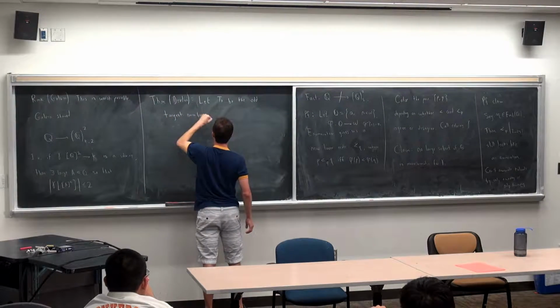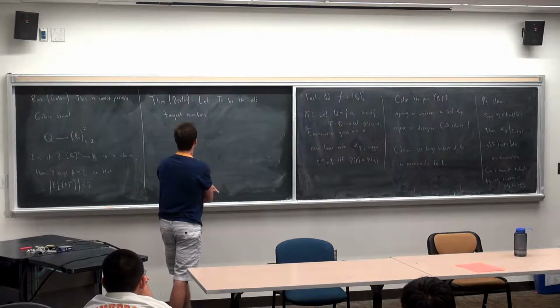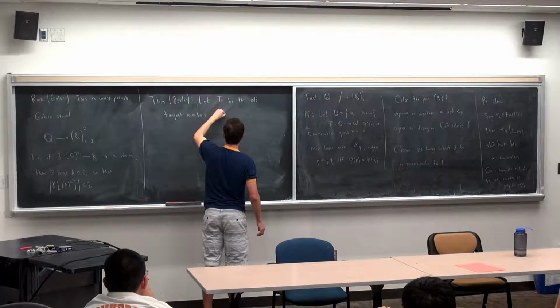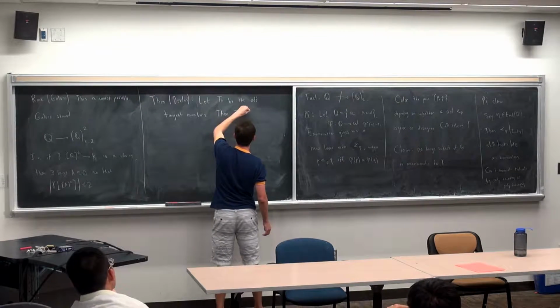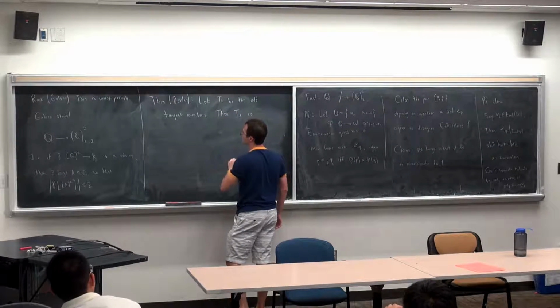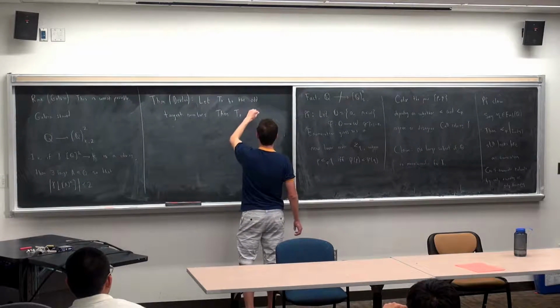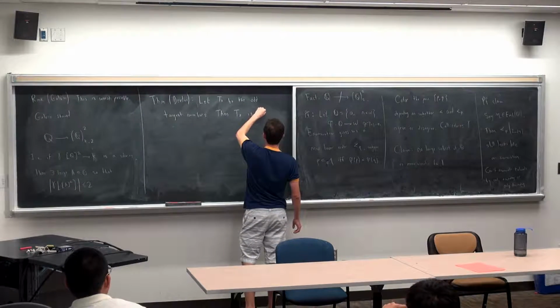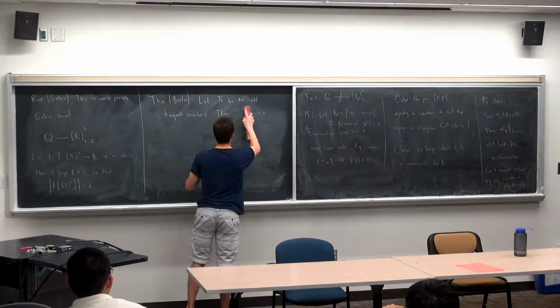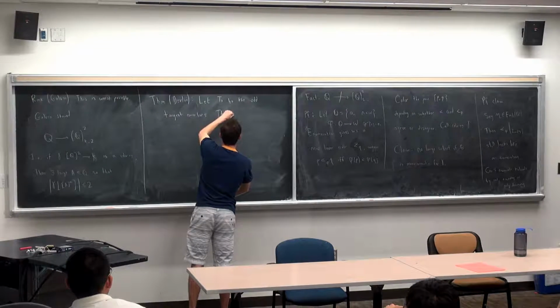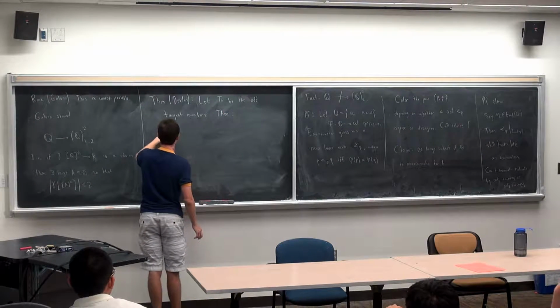Odd tangent numbers. Then, tk is... or actually I'll just write it this way. Then the following 2 statements are true.